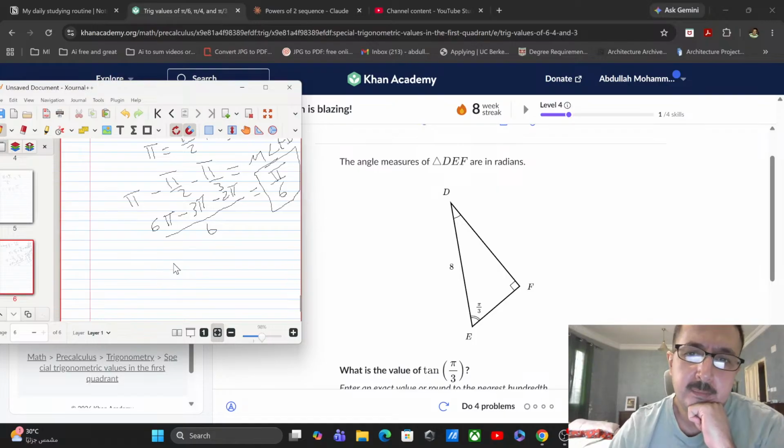Okay. So I got this. I got this side is cosine, the x is cosine of pi over 6.